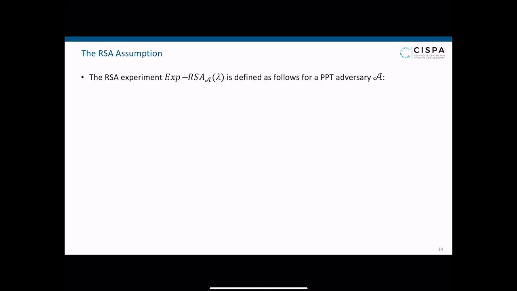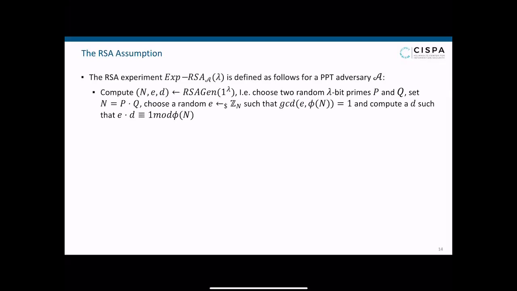So I have talked about the factoring assumption, which, given two random large primes P and Q, try to factor your N. It turns out we don't know whether hardness of factoring implies hardness of the RSA problem, which I'm going to define now. So that's the reason why we need to make this explicit RSA assumption that you will see here. Good.